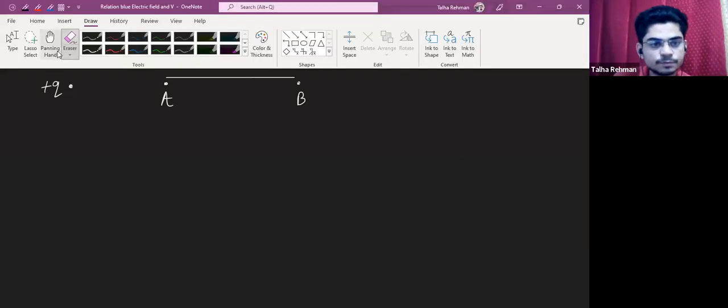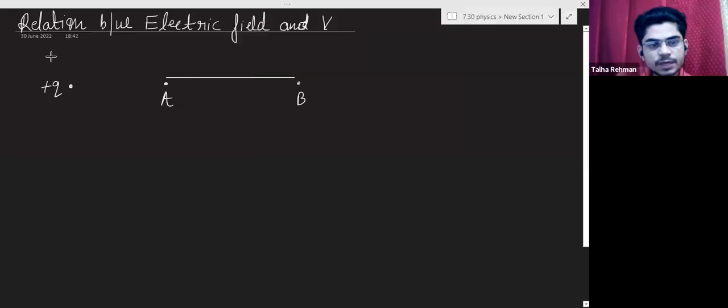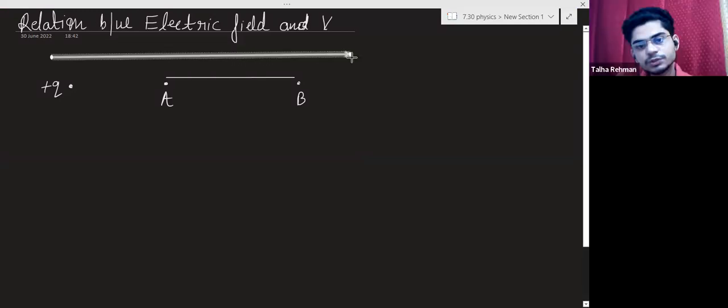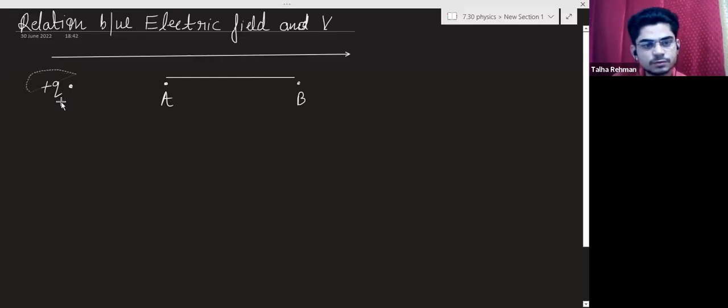And there is one thing more. There will be the electric field also due to this charge. Suppose this charge is placed here.